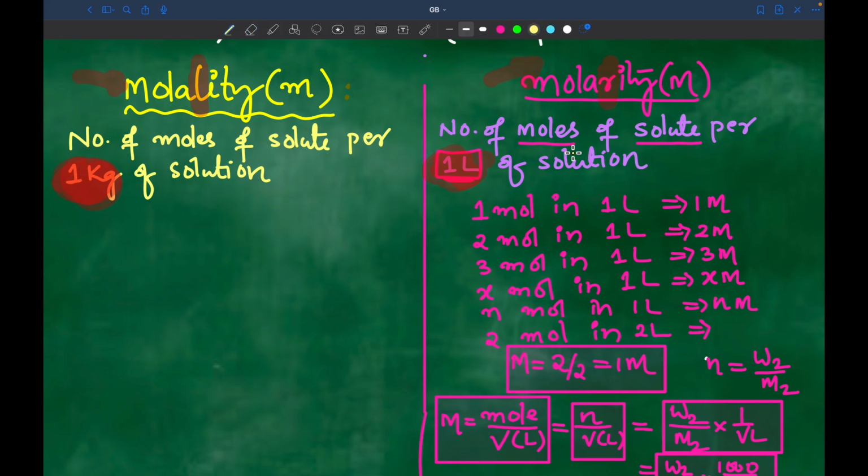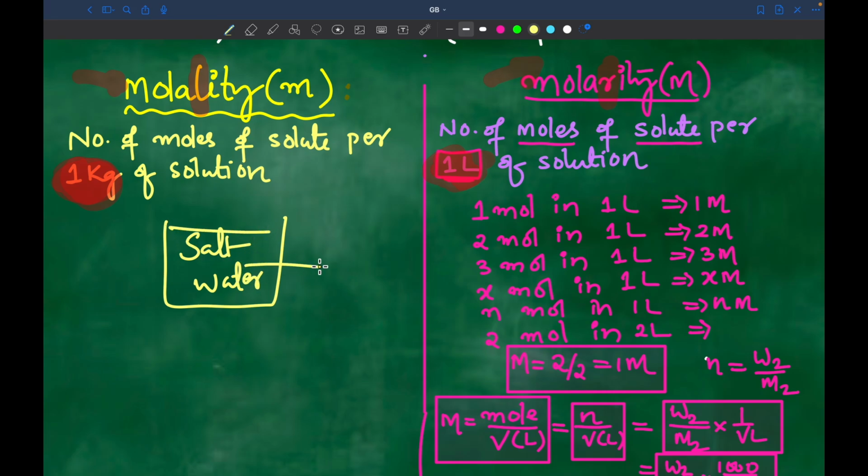Why do we require both? For example, if I dissolve salt in water, you get a salt solution. For a salt solution, the best method is to express the concentration as molarity. We have seen that there are 3 types of solutions.